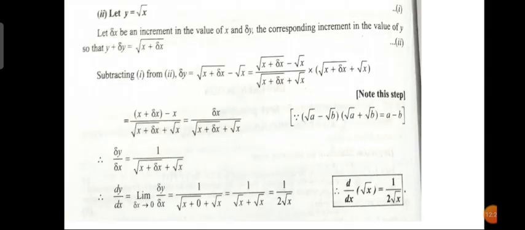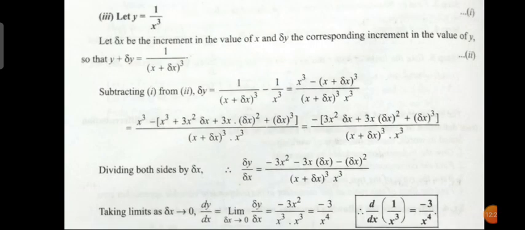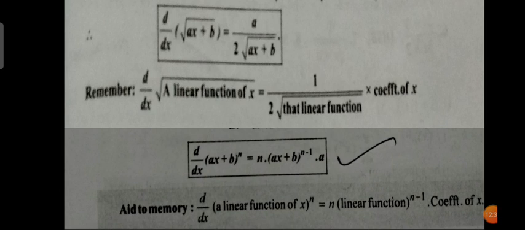Next, d by dx of root x is 1 by 2 root x, which is very important. Then y is equal to 1 by x cube, whose derivative is minus 3 by x raised to 4. Then d by dx of root of ax plus b is a by 2 root of ax plus b; that is, d by dx of the root of a linear function is 1 by 2 root of that linear function into the coefficient of x.